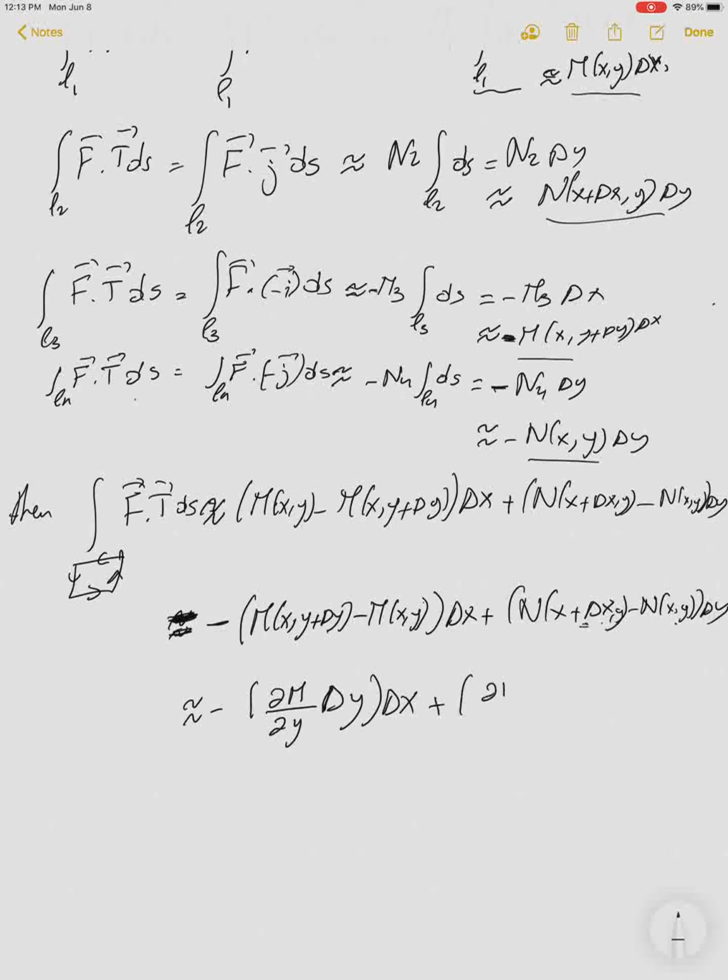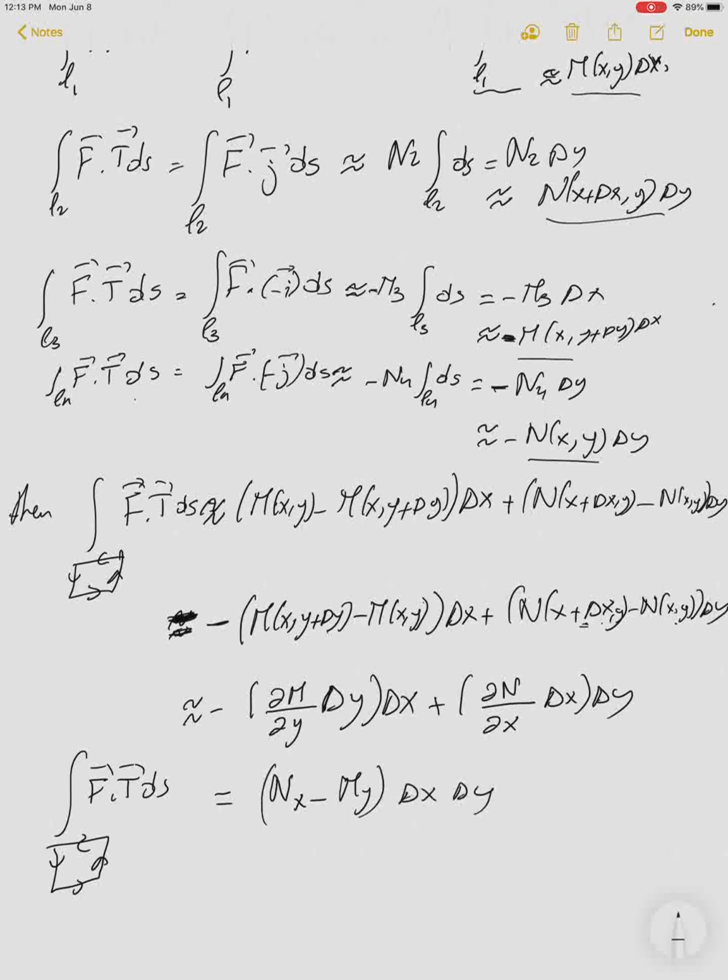So this is approximately delta n over delta x times delta x delta y, and this is equal, so I got the integral over the small rectangle of F dot T ds, which is equal to (n_x minus m_y) delta x delta y.